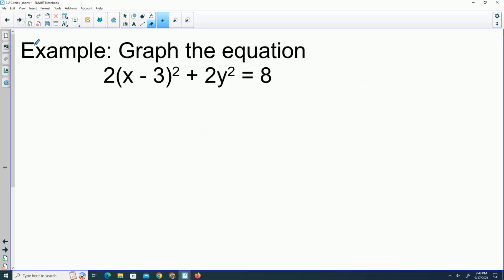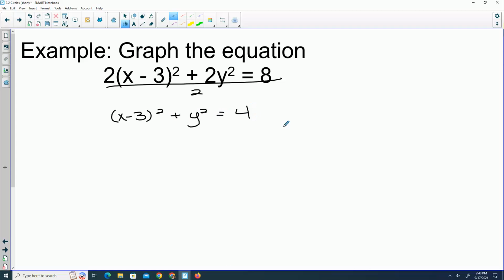One more of these. What's wrong with this equation? Yeah, coefficient. And the formula doesn't have a coefficient. What could I do to everything? Yeah, if I divide everything by 2, I get (x minus 3) squared plus y squared equals 4.